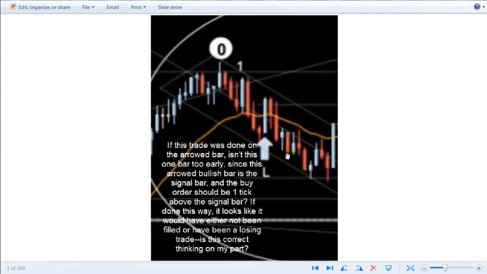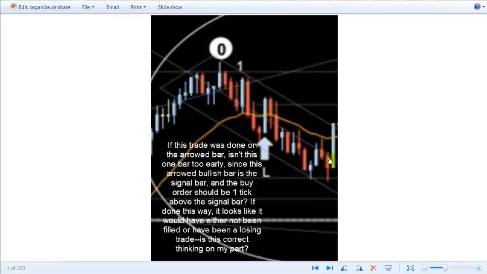Okay, this is relatively simple. This trader sent me back this chart that I talked about the other day, and notice you got a new high and a first entry and a second entry. I get this a lot, and that's the reason I'm going over this again. The signal bar is this little red bar right down here, but it's not really a perfectly bullish bar. It's fairly bullish, so it's one you might take.